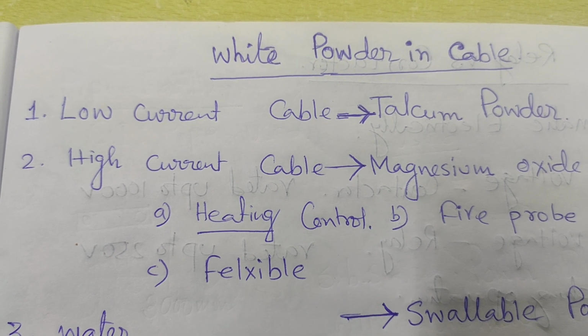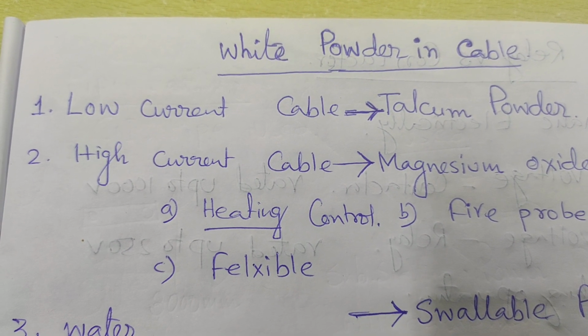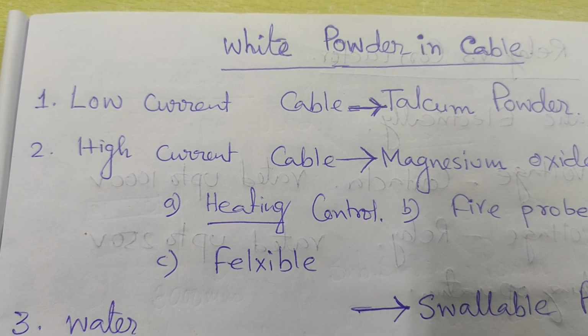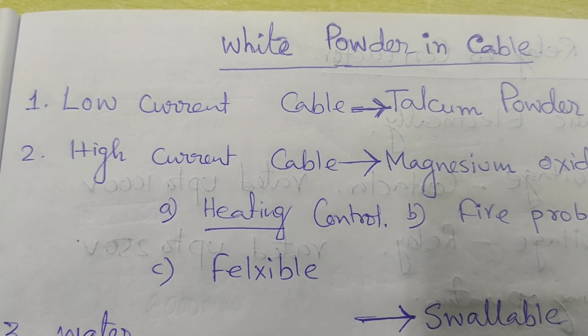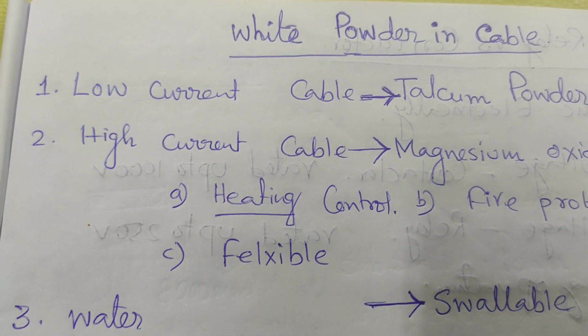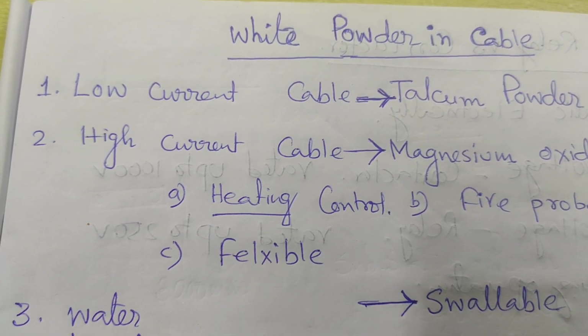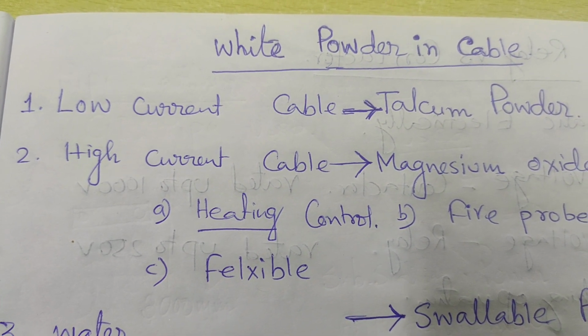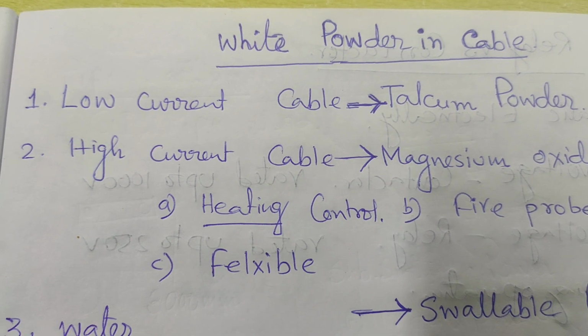Cables have 3 core, 4 core, 6 core, 8 core, 12 core, 16 core, 19 core, or 3.5 core, 2 core. Different types of cables are presently in use at substations and power plants.